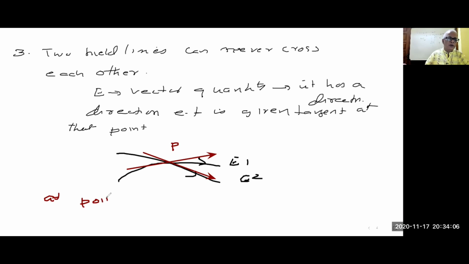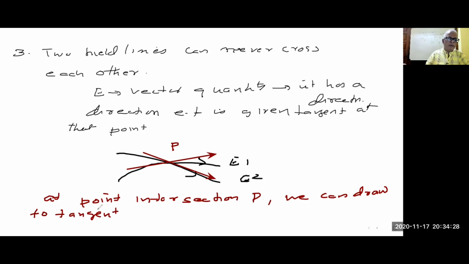At the point of intersection P, we can draw two tangents, giving two directions to the electric field at that point.